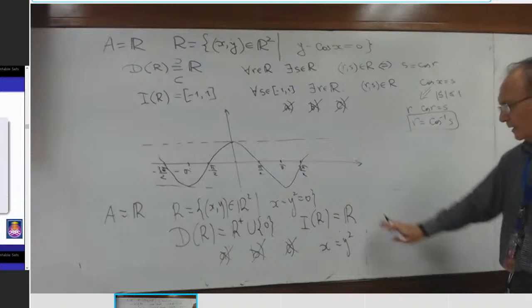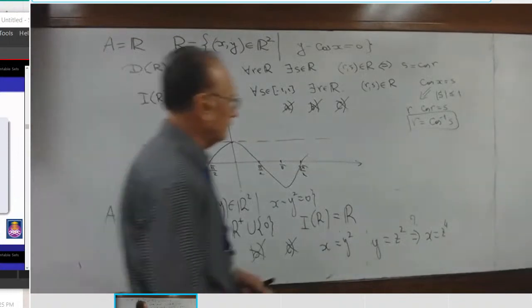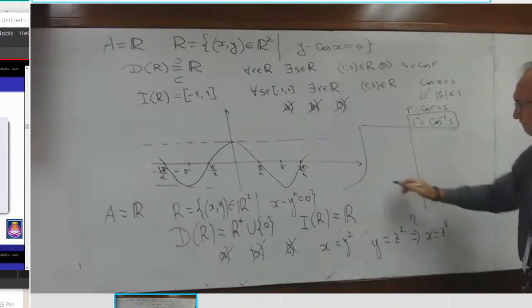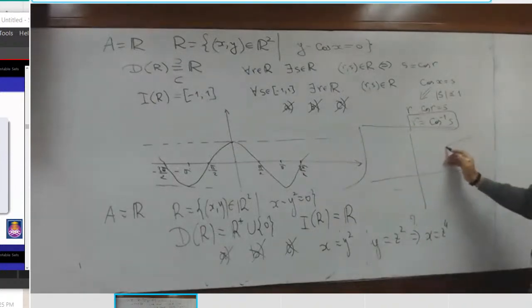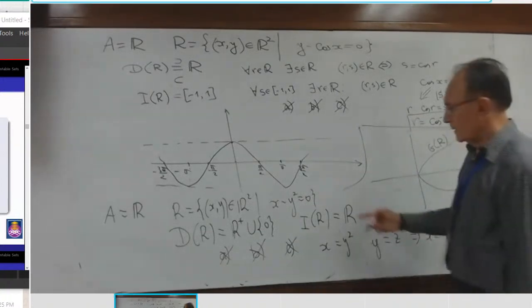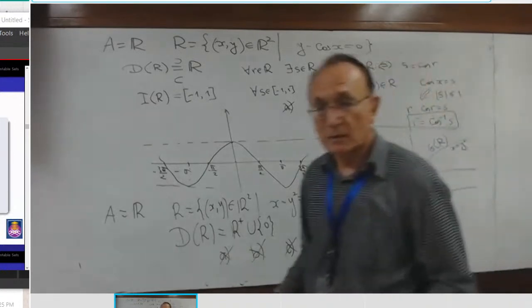So that's why transitivity also doesn't hold. It is none of these properties. Here is the graph of your R: the parabola x equals y squared.